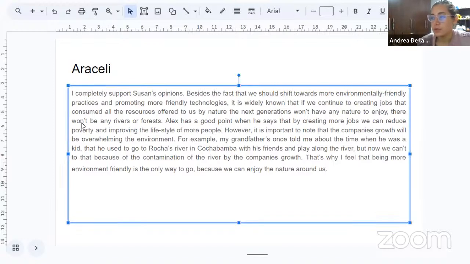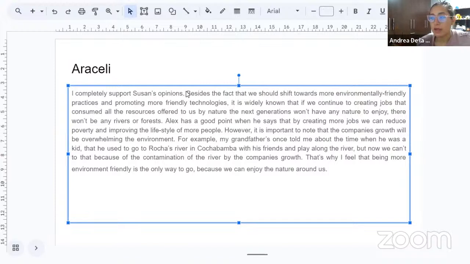I completely support Susan's opinion, besides the fact that we should shift towards more environmentally friendly practices and promote more friendly technologies. It is widely known that if we continue to create jobs that consume all the resources offered to us by nature, the next generations won't have any nature to enjoy. There won't be any rivers or forests. Okay, good. I like this.